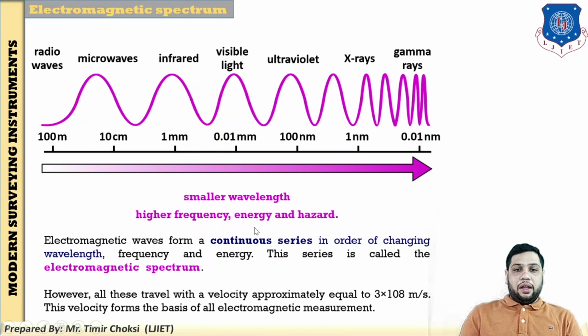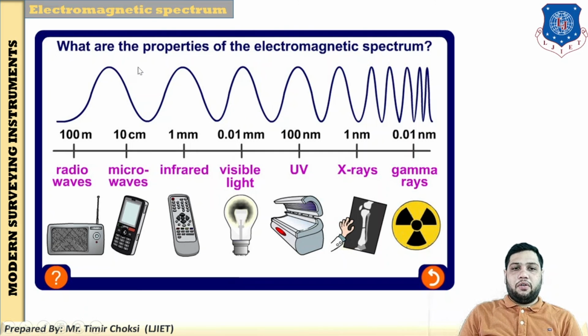Now, the next diagram: what are the properties of the electromagnetic spectrum? The electromagnetic spectrum is a series of wavelength, frequency, and energy. First are gamma rays, where frequency is high and wavelength is small. Then X-rays, where wavelength decreases further along. Up to the radio waves, the wavelength is larger, so the frequency is lower.